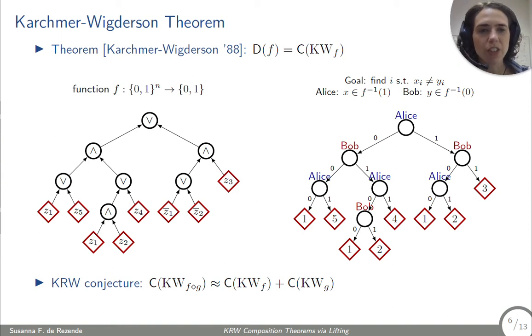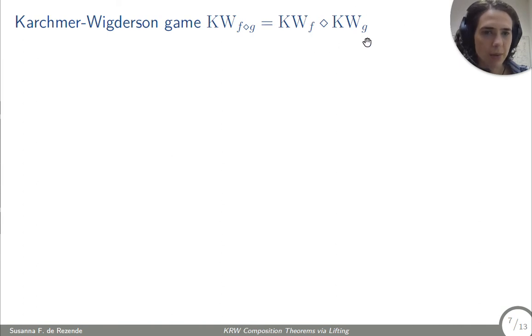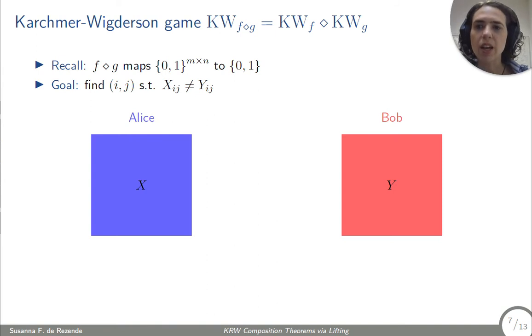Okay, so let's first see what this game of the composed function looks like. For convenience, we're going to denote this as KW of F composed with KW of G. And this game is as follows. Remember that F composed with G maps a matrix to 0, 1. So this means that Alice receives as input a matrix in the preimage of 1. Bob receives as input a matrix in the preimage of 0.